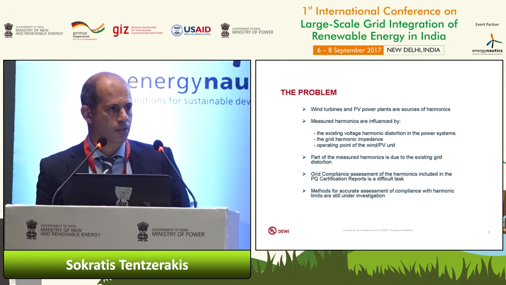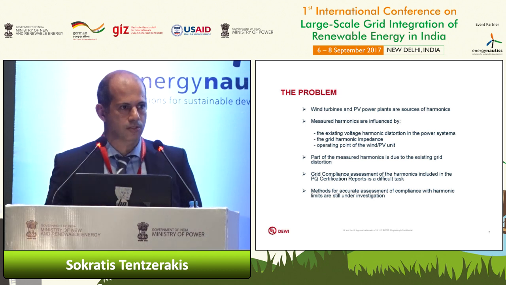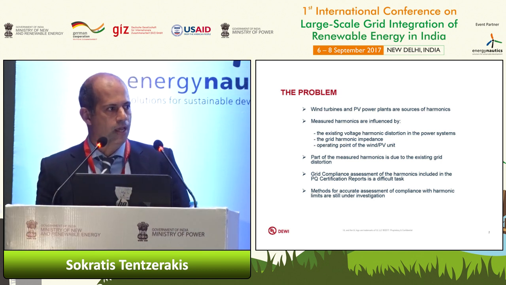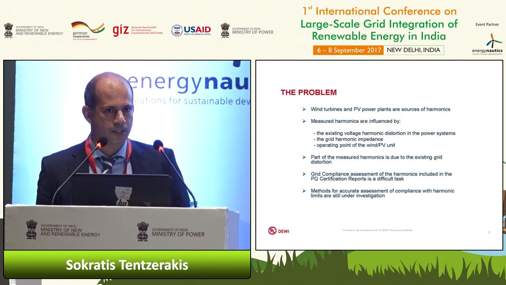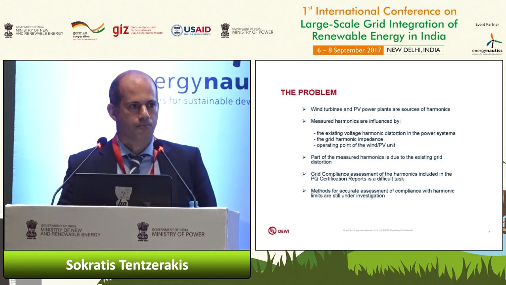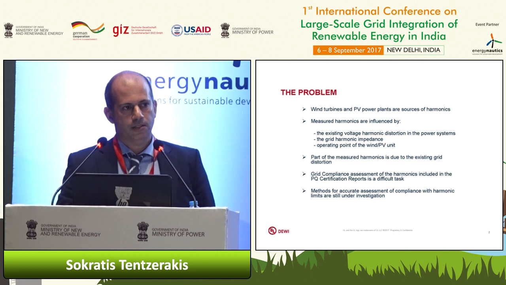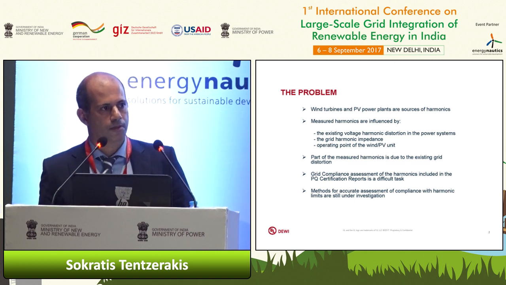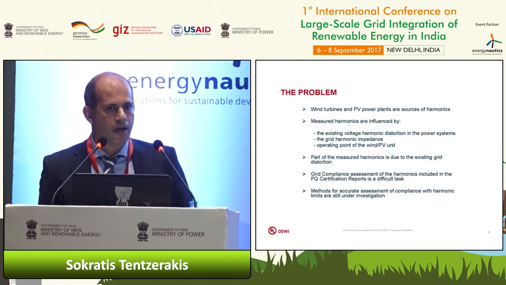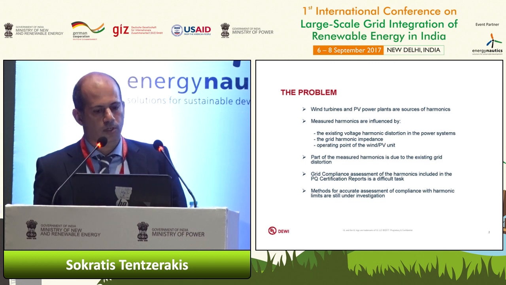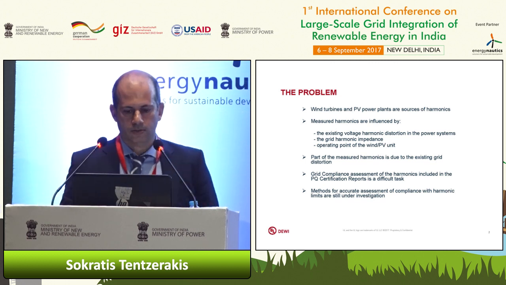What is not widely discussed is that all loads, all electronic devices connected to the system are sources of harmonics. And all these loads produce an environment which we could say is polluted, where there's an existing voltage harmonic distortion on the grid. And this interaction with high installed powers of RES may lead to difficult conditions.